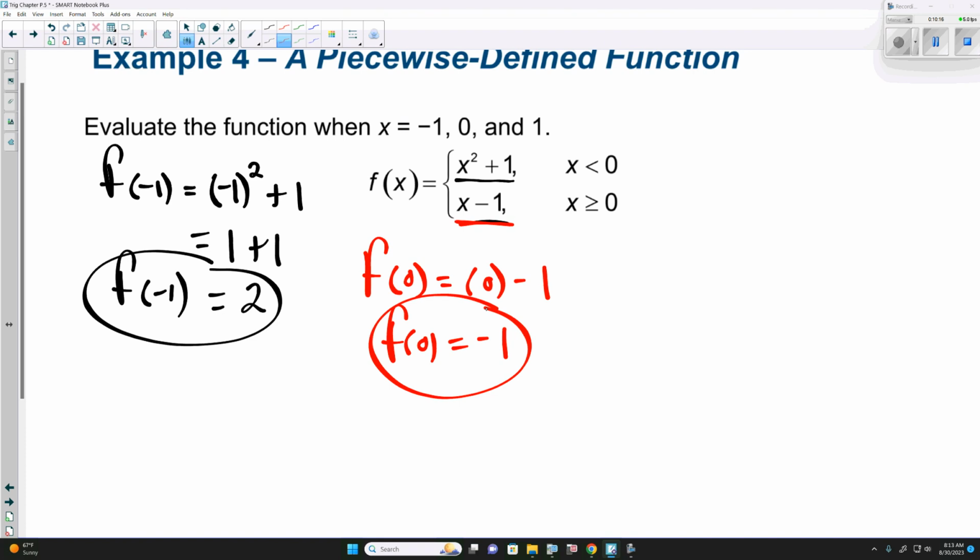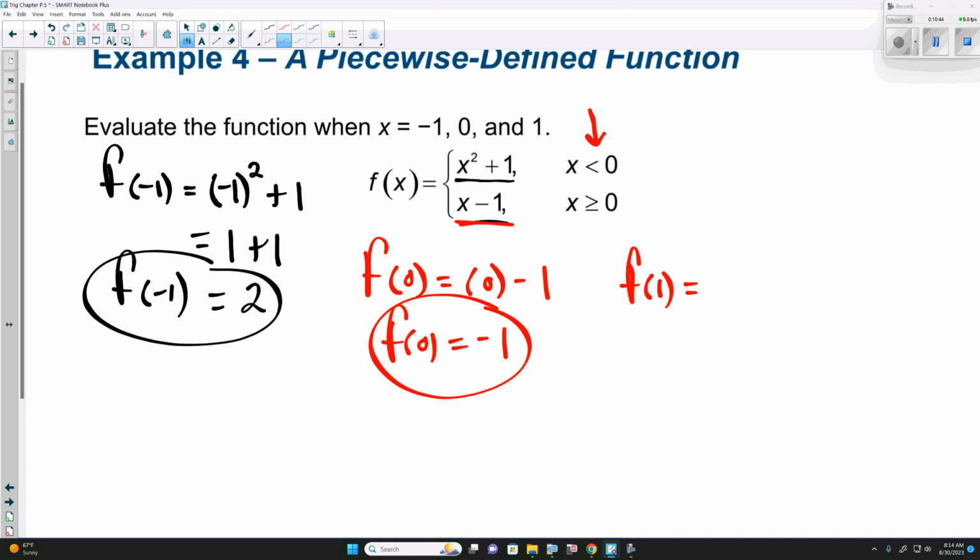That's it. And the last one, f of 1. Would we use the top equation or the bottom equation? Looking back at these here, which one makes it true if I plugged 1 in for x? It'd be the bottom one, because 1 is greater than or equal to 0.